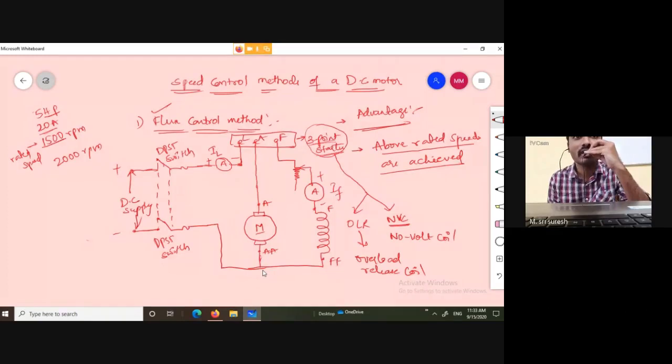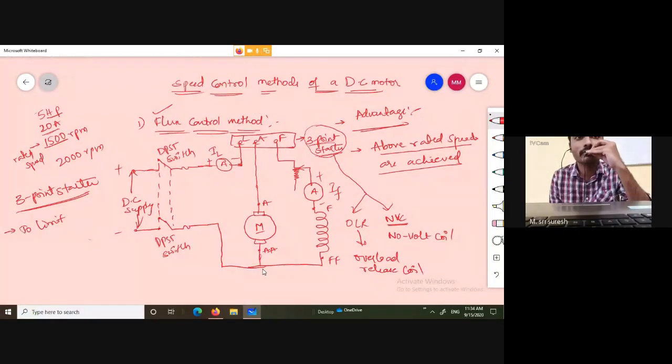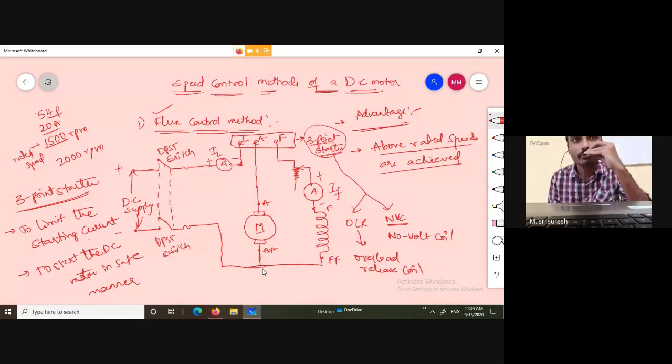So here I am writing the purpose of the 3-point starter: to limit the starting current, and to start the DC motor in a safe manner. That is the purpose of a 3-point starter.